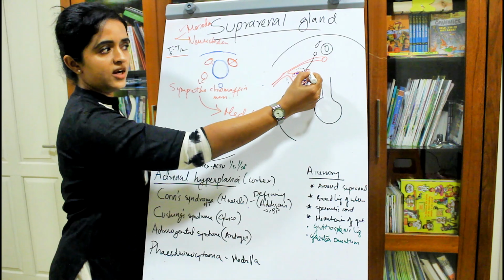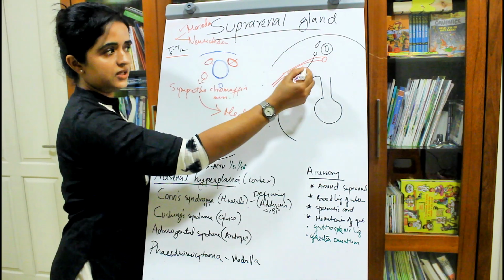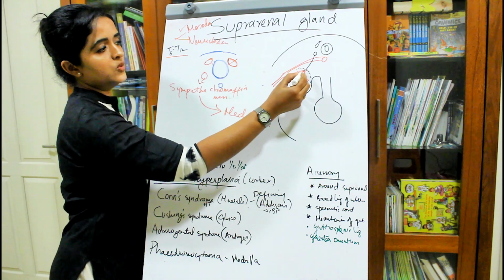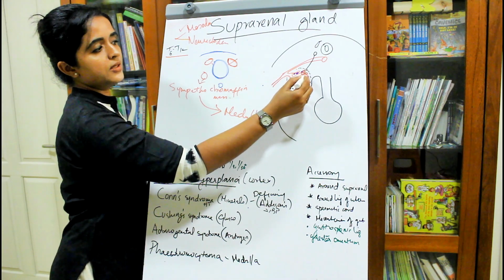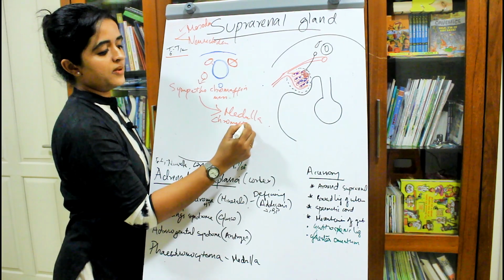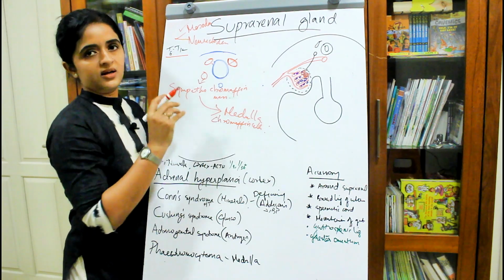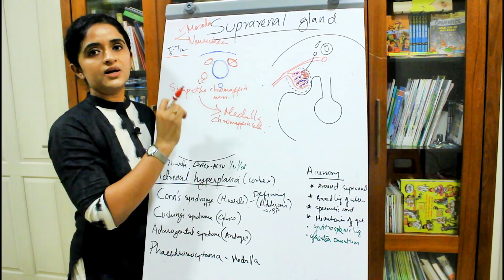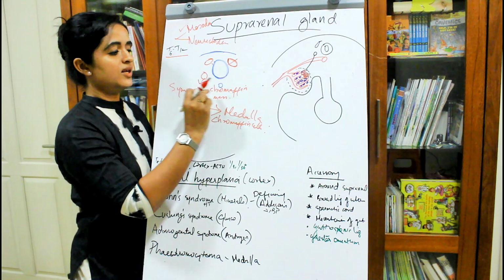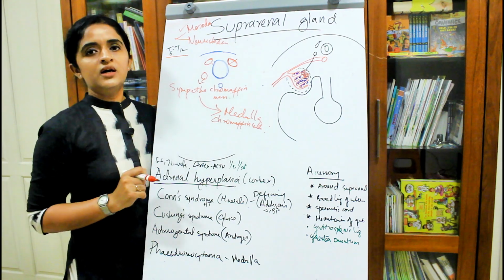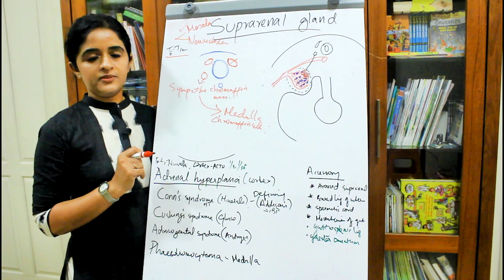It is invading from the dorsal and medial aspect of the suprarenal gland, and you will be getting the cells here. These cells are known as chromaffin cells of the suprarenal medulla. So they come from the ventral mass of the neural crest cells, known as the sympathochromaffin mass. That is how the suprarenal medulla is formed.